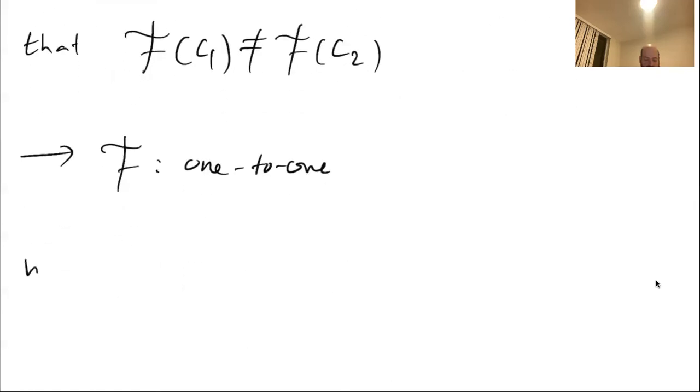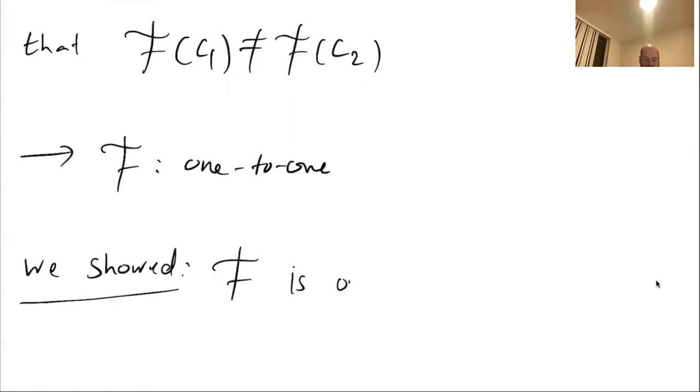So we show curly f is 1-to-1 and onto. So that means curly f is a bijection.